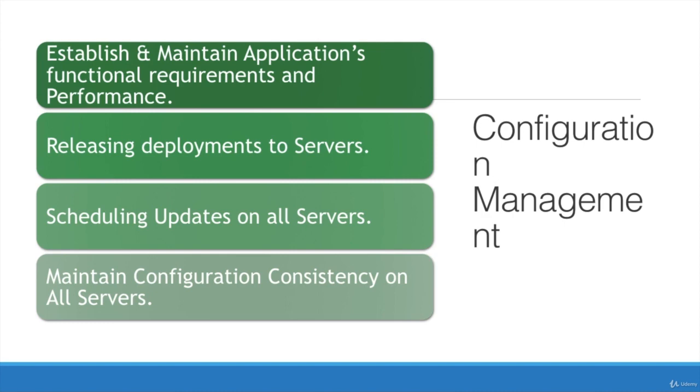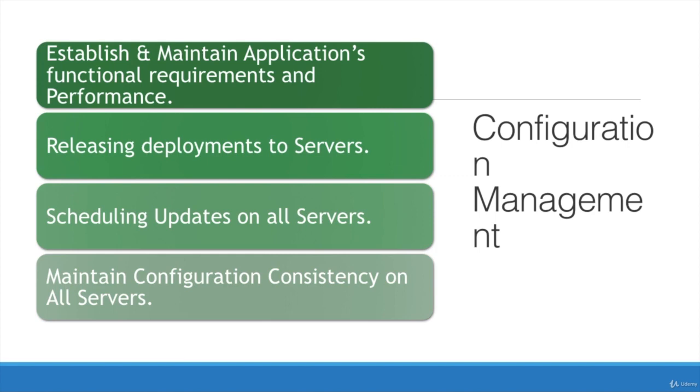The second one is about releasing deployments to the servers. We will release the same deployment across all the servers. This is the work of configuration management. If you are going to release your product's 1.8 release, then 1.8 should be released on all the servers. They could be in phases or in a single go.